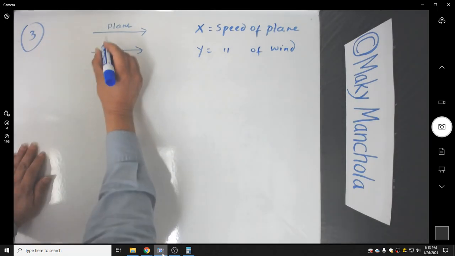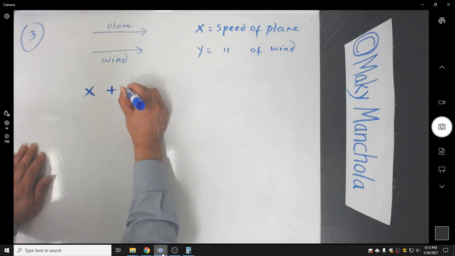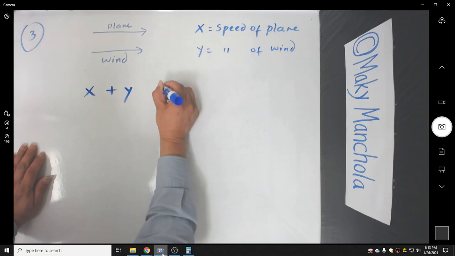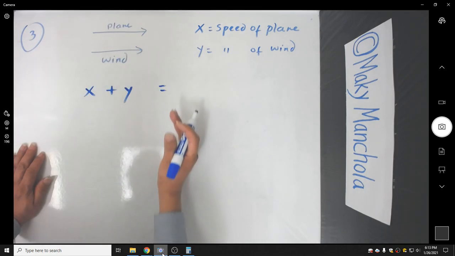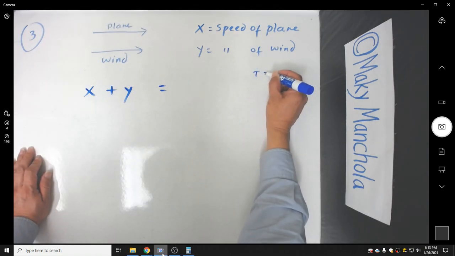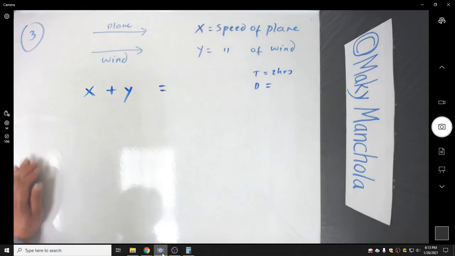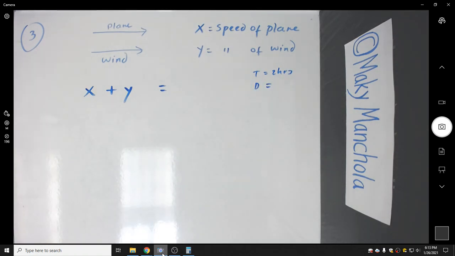Okay, so the speed of the plane plus the speed of the wind should equal the speed of the trip. Now, the trip lasts 2 hours, and the distance covered was 520 miles.